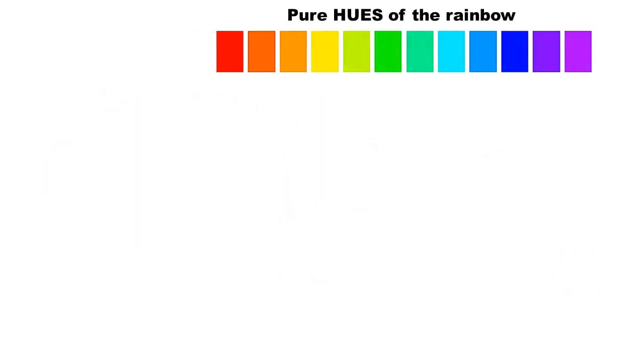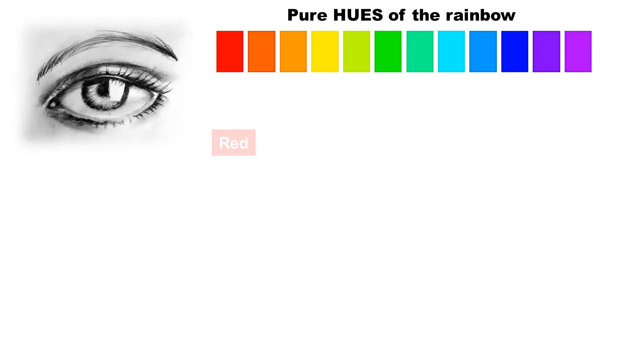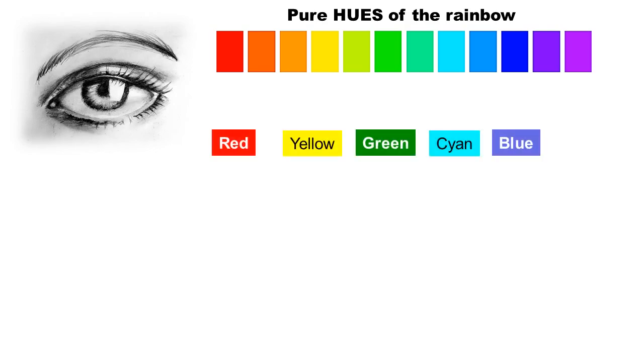If we think about all the colours of the rainbow, known as hues, we may think that our eyes see all the colours with the same sensitivity. In other words, we may think that the cone cells in our retina are equally stimulated by red, yellow, green, cyan, blue, and violet light.